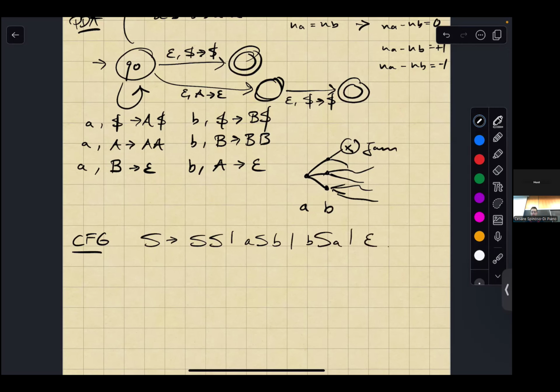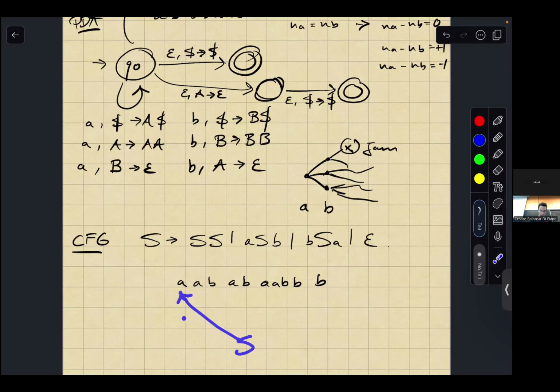The intuition is, if you have a string like this, there are going to be substrings in your string where there are matching A's and B's. Starting from S, you can match this A with this B. Now it's all a matter of redividing your string into smaller substrings that have an equal number of A's and B's.